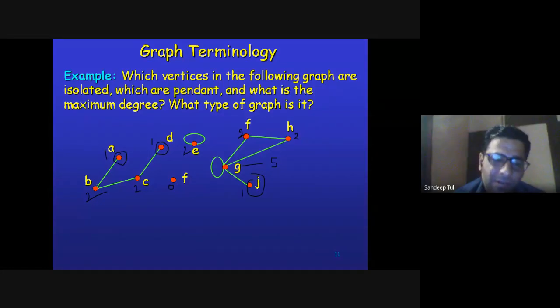But it is contributing the degree for A and B both. So do not confuse with this term कि हम loop को 2 बार consider कर रहे हैं degree में consider करने के लिए. Loop is a single edge.